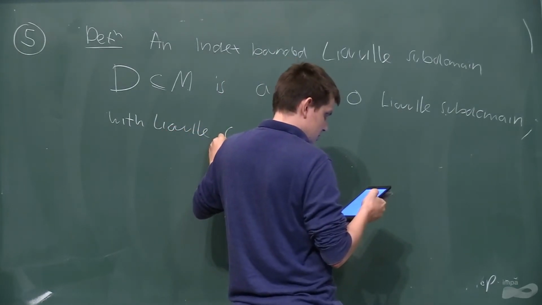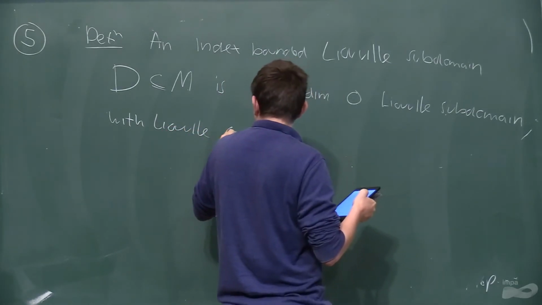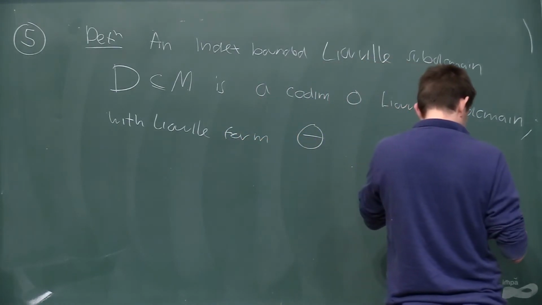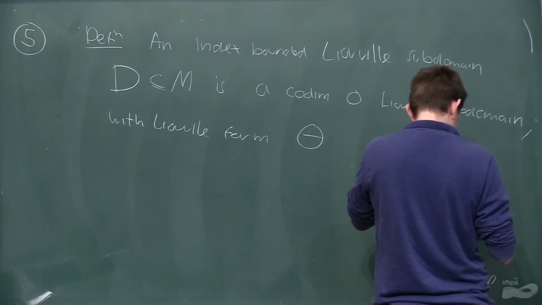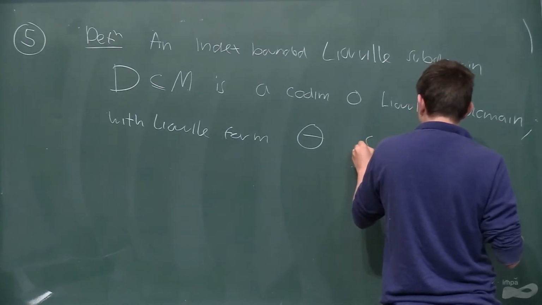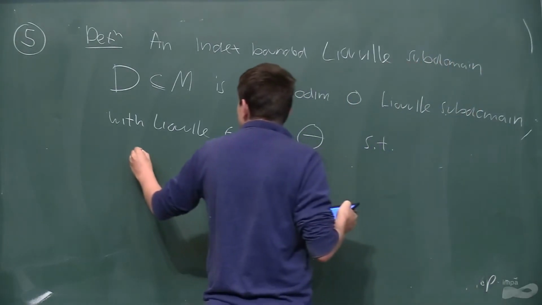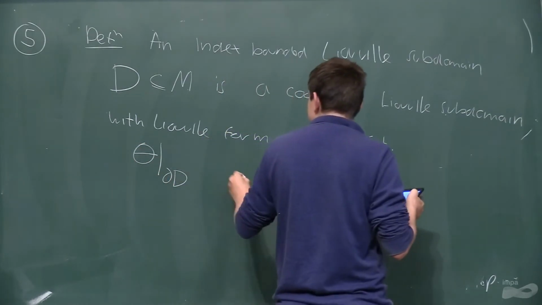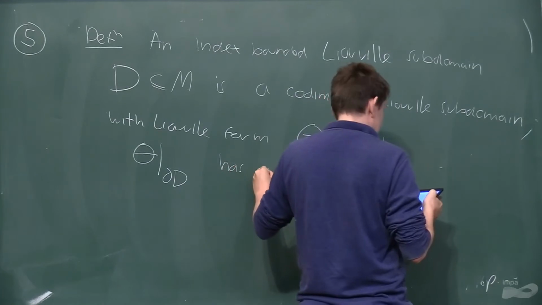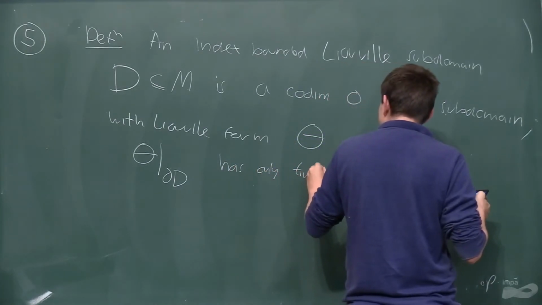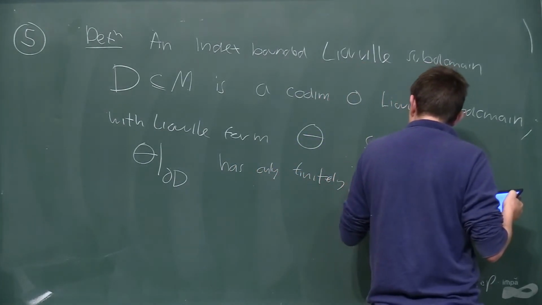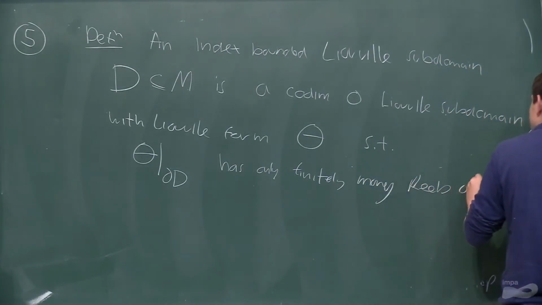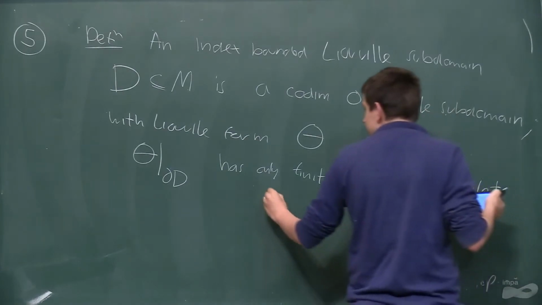Do I need to state what the Liouville form is? Yeah, form theta, so that the associated contact form, theta restricted to the boundary of D, has only finitely many Reeb orbits of each index.